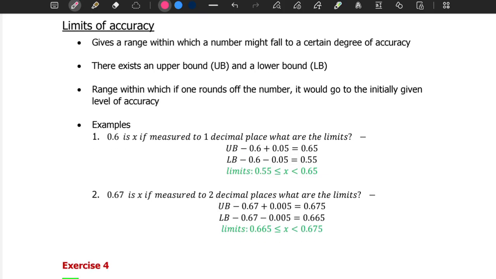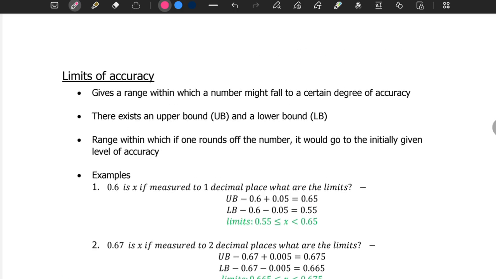And now when we look at limits of accuracy, when you look at, let's say, a ruler, on a ruler you have the graduations. Let's say you have certain markers, and on those markers you would have 1 centimeter, 2, 3, 4, 5, 6.